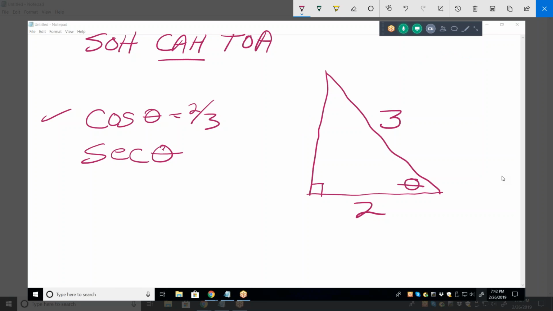Okay. Now you have all three sides dimensioned. I could ask you, what's the secant of theta? I forget the ratios.